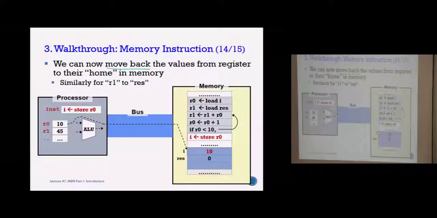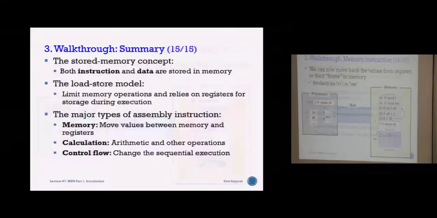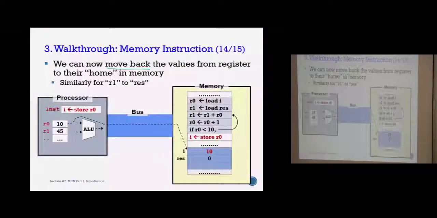The two variables, I and result, you want to update back into the actual memory location. That is where you need the store instruction. So you need to store R0 into I, and you also need to store R1 into result, correct? These are the last two steps.